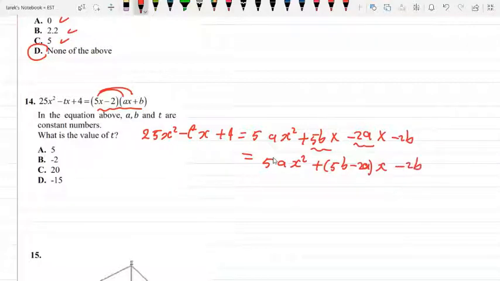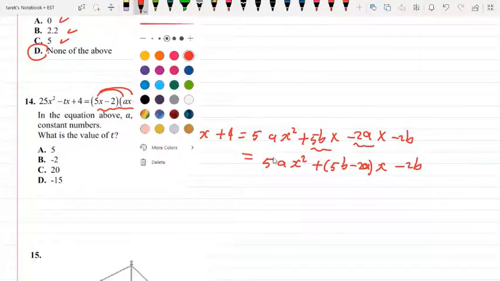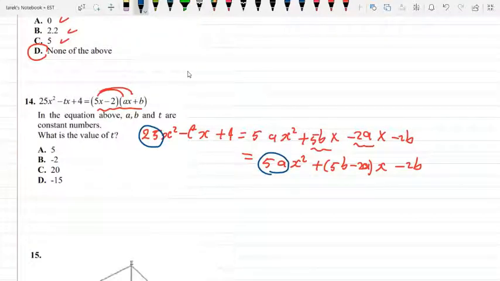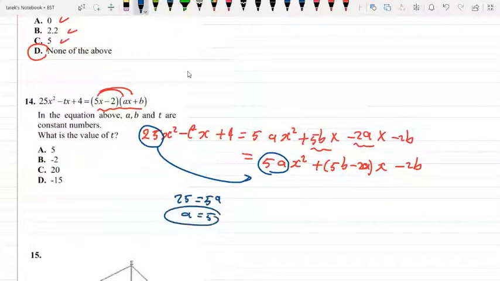Then compare between these two equations. If you compare between these two equations, this 25 equals 5a, because this is the coefficient of x squared. If 25 equals 5a, so a equals 5. Now I got the a. And 4 equals negative 2b, so b equals negative 2.